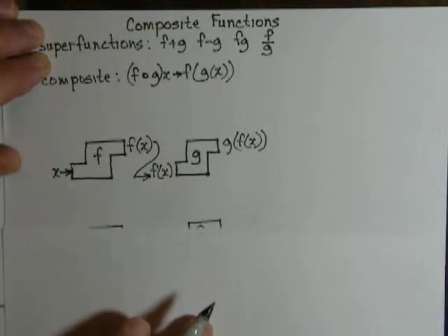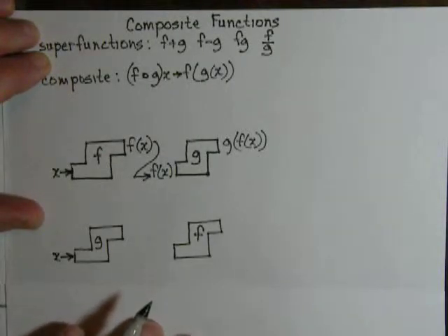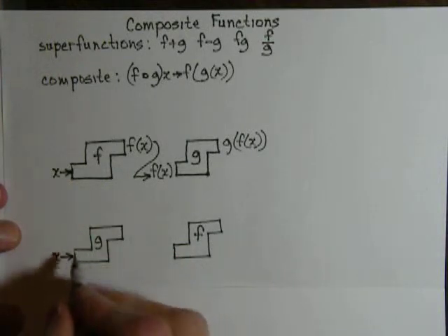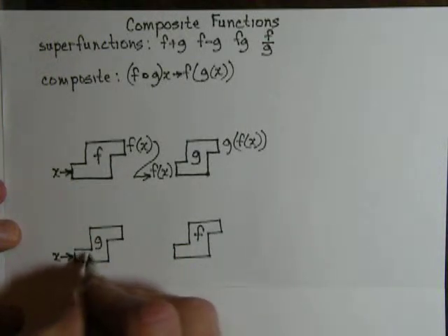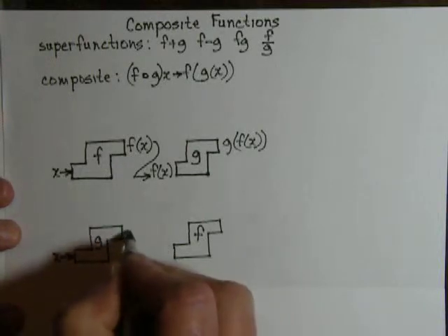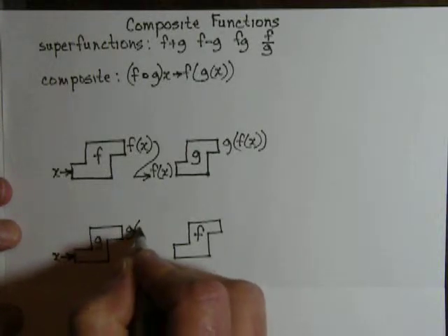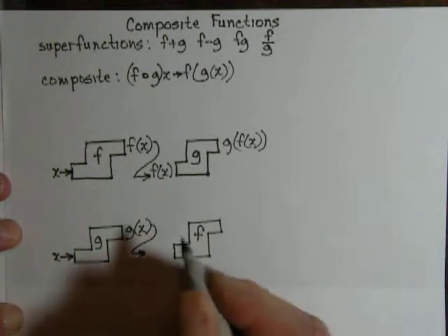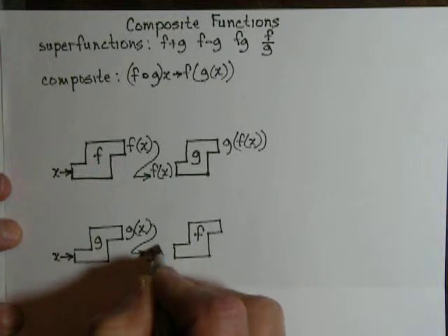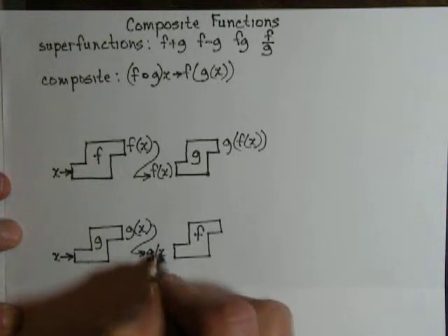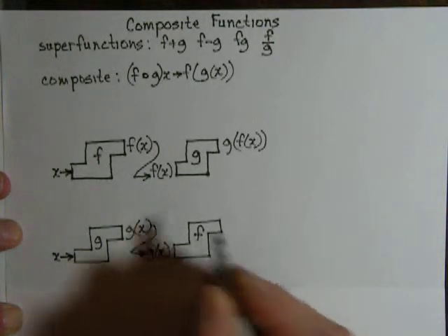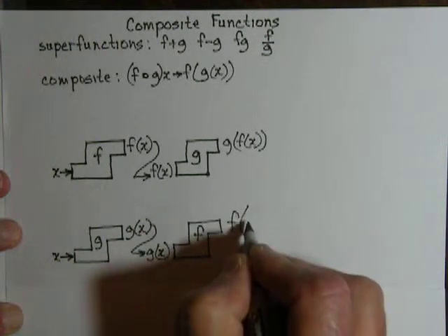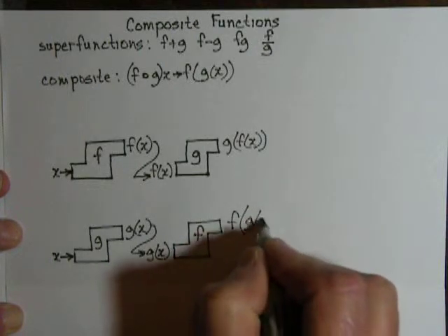Now, of course, if we change the functions around so that the order is different, the sequence is different, now we have x going into g, g is going to operate first, that gives me g of x. And now this result is going into f, so x is not going into f, it's g of x going into f, and then the result of it is f of what went in, f of g of x.